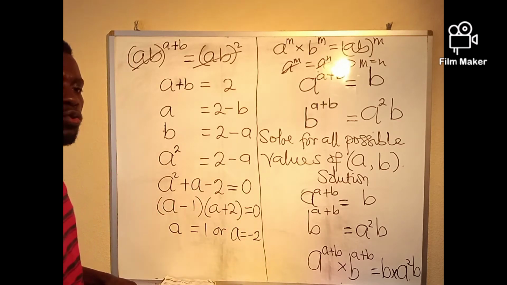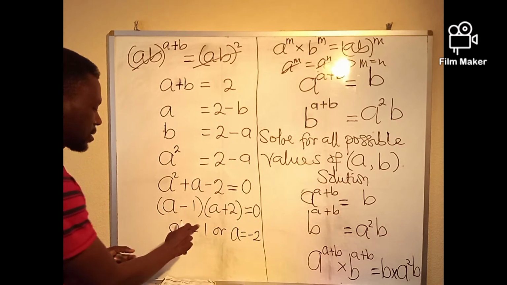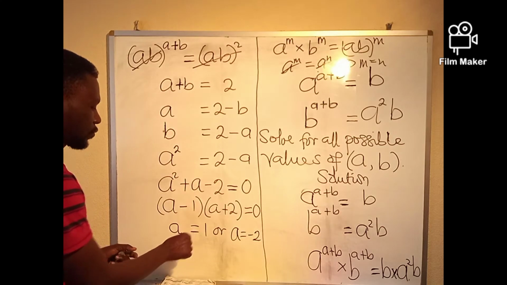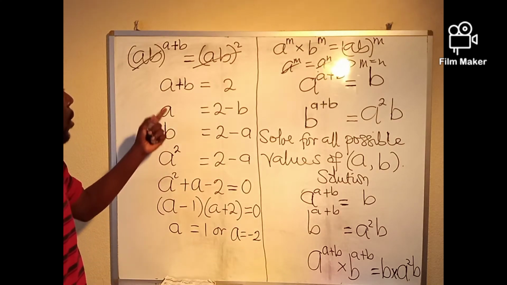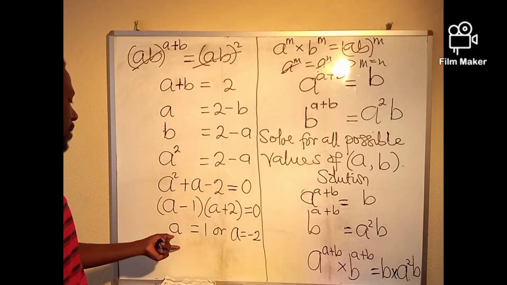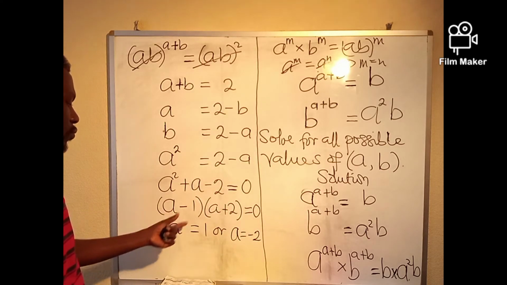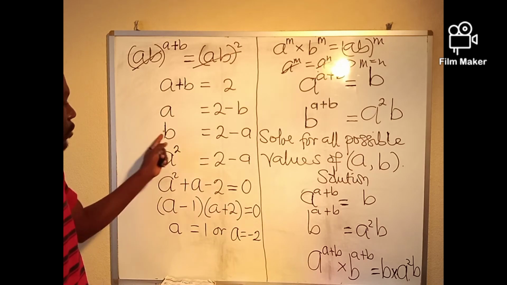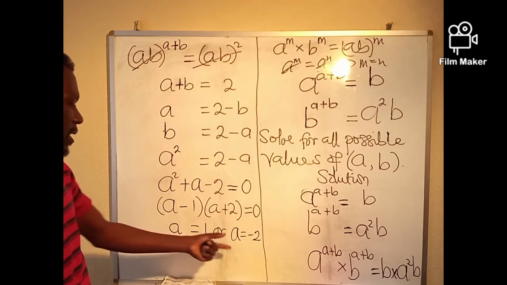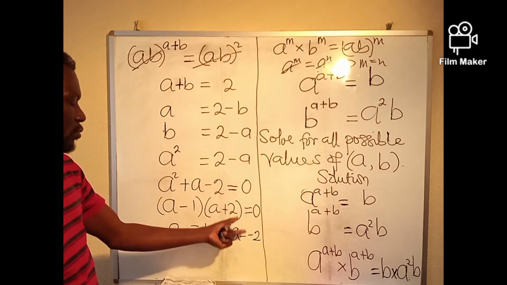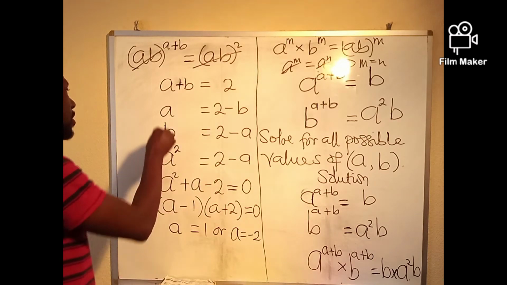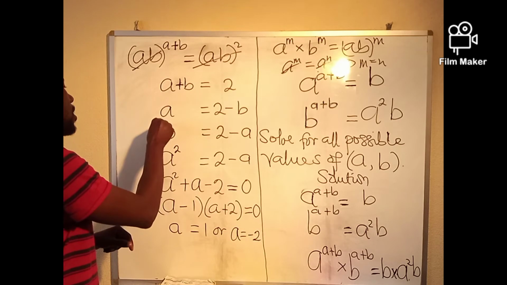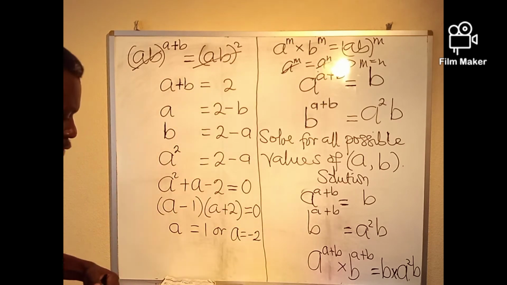Now, if we have got two values of a, which are 1 and negative 2, then it follows that we shall have two values also for b. All right. So let's substitute a equal to 1 into the equation to find b, and then another is when a is equal to negative 2, to find the second value of b.